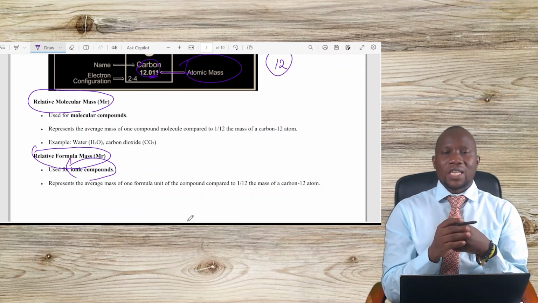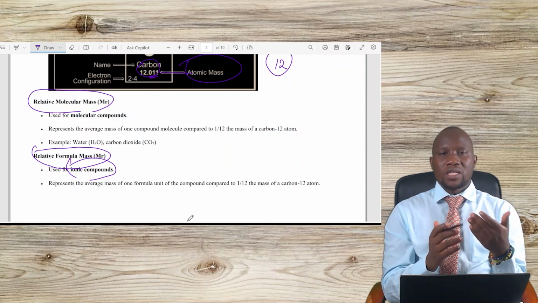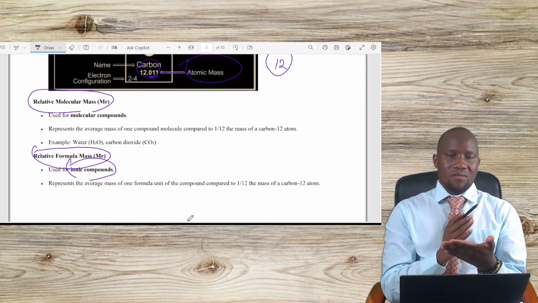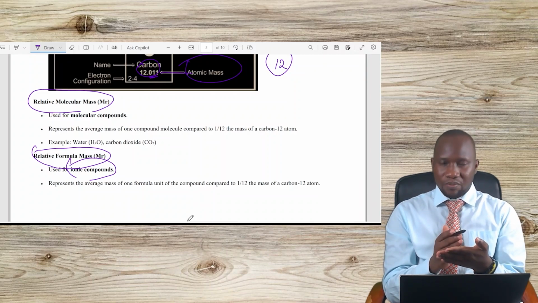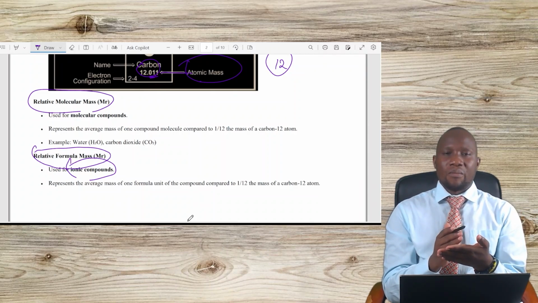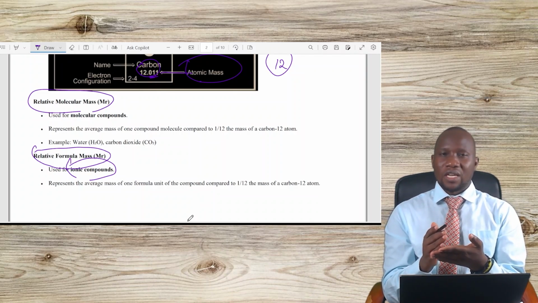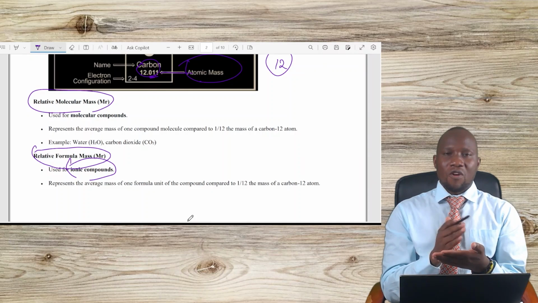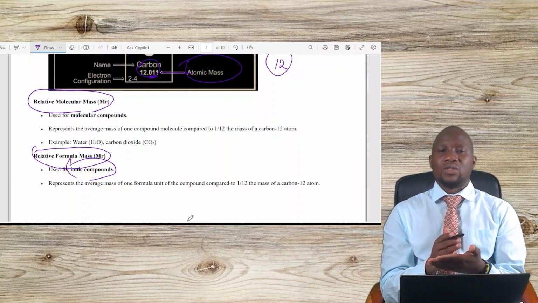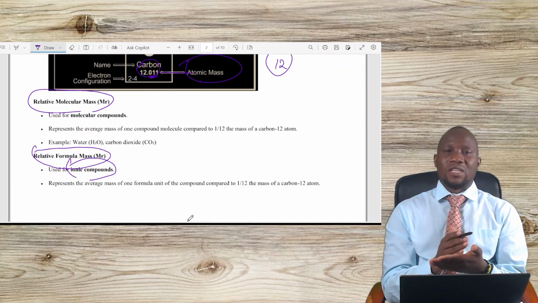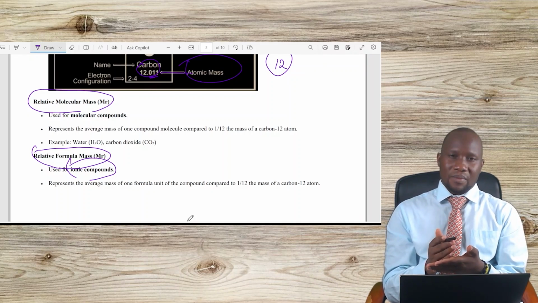So what are they? We have looked at the atomic mass. It's basically the mass of an atom compared to one twelfth the mass of carbon-12, right? Now, a compound has several atoms of the different elements that make it up, right?